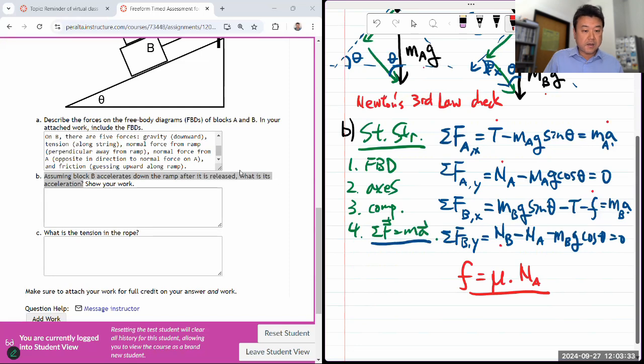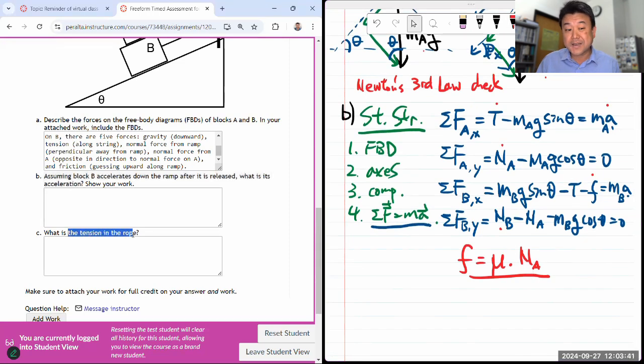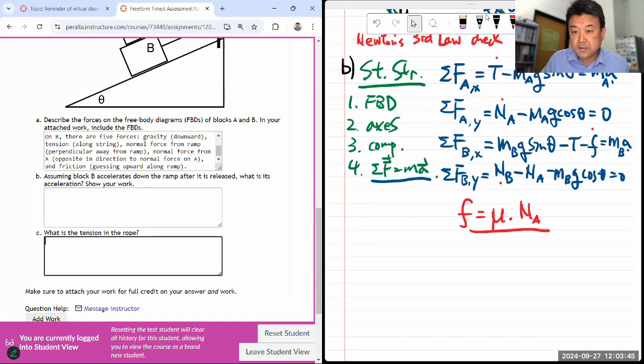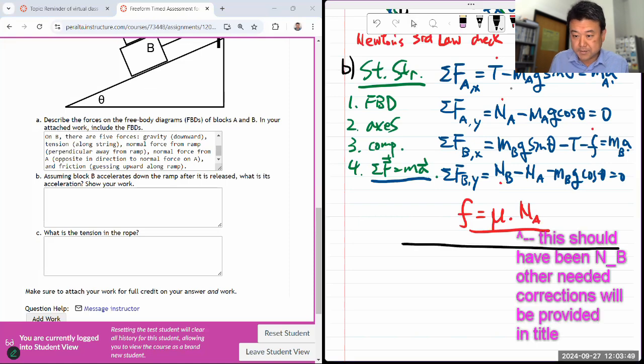Looks like I only need acceleration for part B, so let me just eliminate everything that's not acceleration. And it looks like in part C I need the tension, so I'll eliminate tension second to last. Let me go through this algebra as quickly as I can. Let me solve for N_A first.